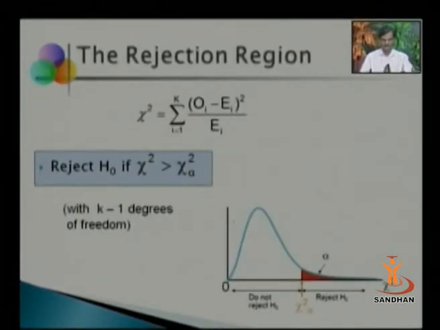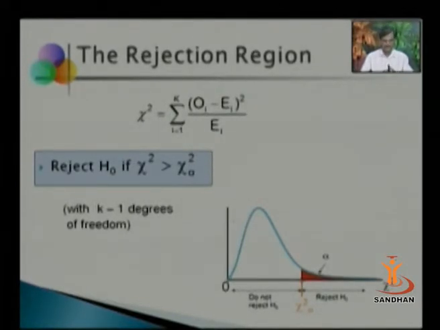Here, in the graph of the chi-square distribution, it has a longer tail towards the right side, and there is a shaded red portion that is the rejection region. If you observe that number, that is chi-square alpha, if the value of chi-square falls beyond chi-square alpha, then we reject the hypothesis, otherwise we accept the hypothesis.